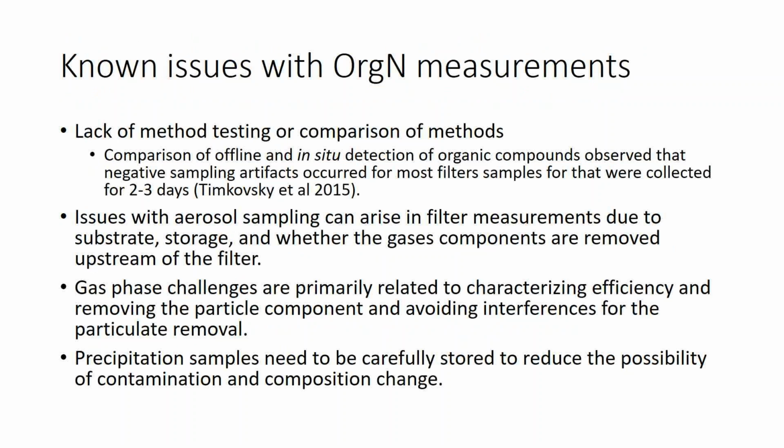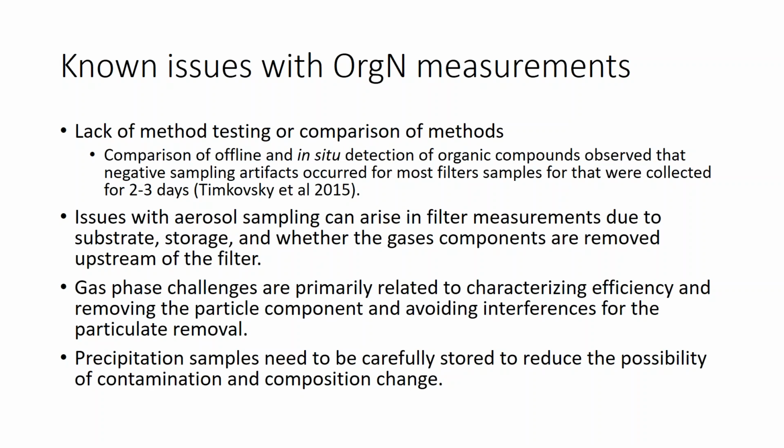In addition to some difficulties with the measurements themselves, there are some known issues with the sampling and collection of organic nitrogen. We know that there is a lack of method testing and comparison between the methods, and we don't know how well necessarily offline and online sampling is comparable, as well as between different groups who use different techniques.